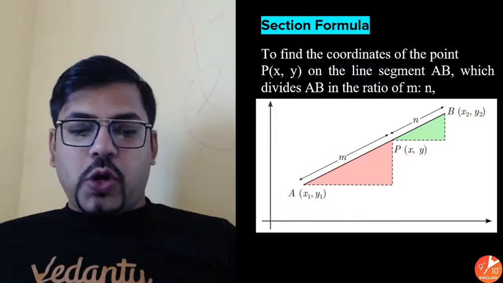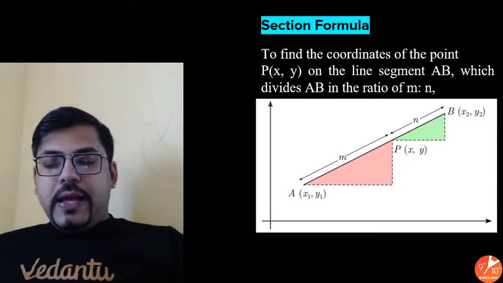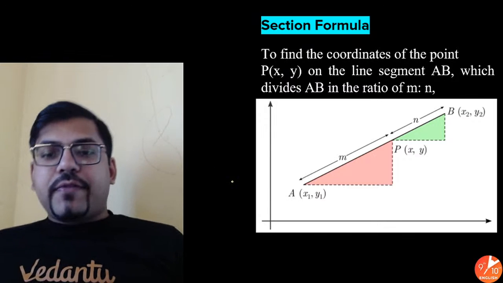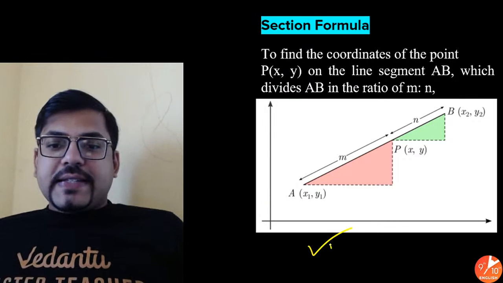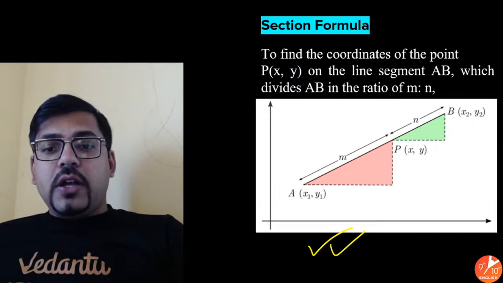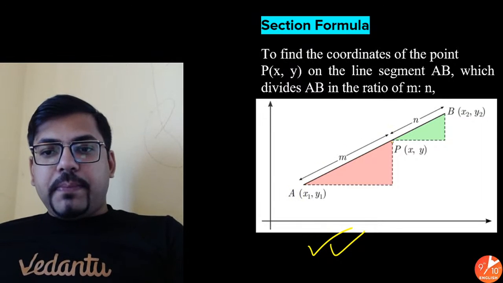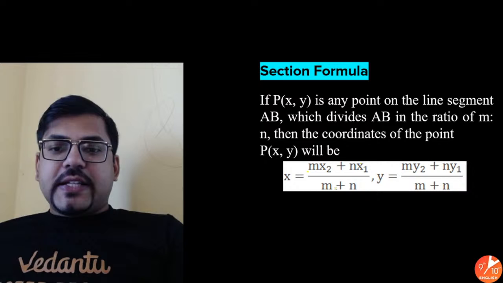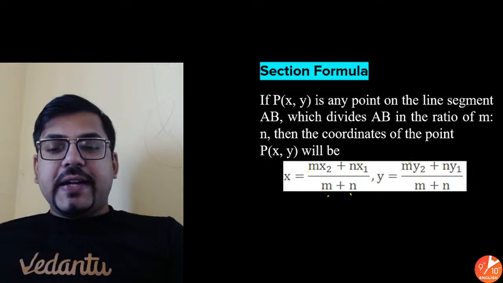First, this is the basic section formula. If there is a point A and a line AB which is being divided by a point P, then how will you find that point P? The formula is mx2 plus nx1 upon m plus n, and for y it is my2 plus ny1 upon m plus n.